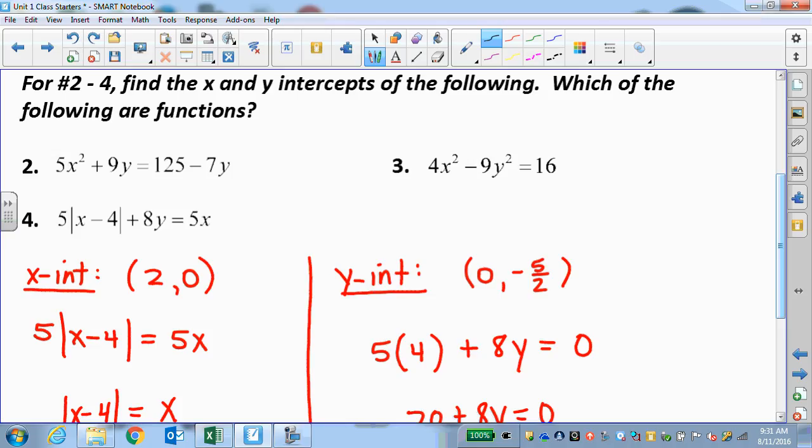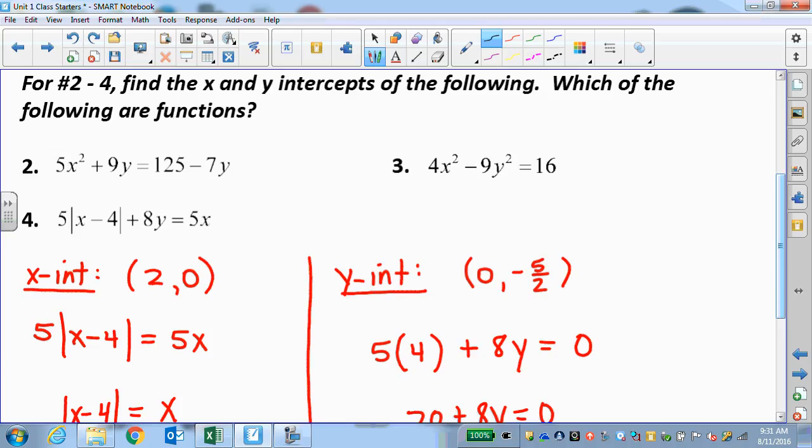On number 4, the x would be... Yeah, this looks like an absolute value, right? Do you remember the parent function y equals the absolute value of x? What does that look like? Yeah, a V. Is that a function? Yeah, it is. It doesn't repeat x values. It repeats y values, but it doesn't repeat x values. So it's a function.